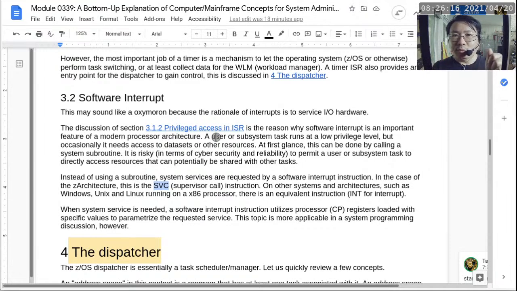This is the data set, and I would like to read from that data set that is sitting on the DASD. So the operating system, operating at a privileged level, would now actually talk to the channel and then go to the DASD, get the information in, and then respond back to the user job, saying, okay, here's the data of the data set that you want to access.